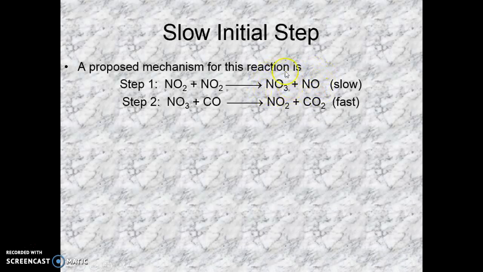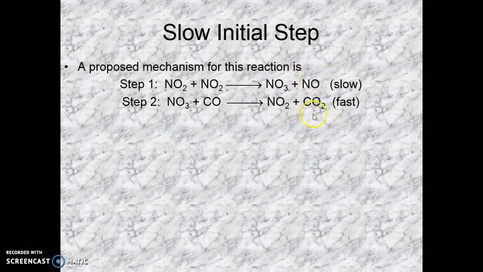NO3 is technically an intermediate because notice that it comes into play in the next step. So it appears, but then it disappears. In the second step then, this NO3 is going to give that oxygen that it got to CO in order to make CO2. So in the first step, we create one of the products.